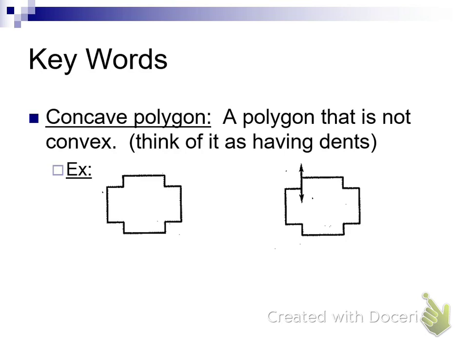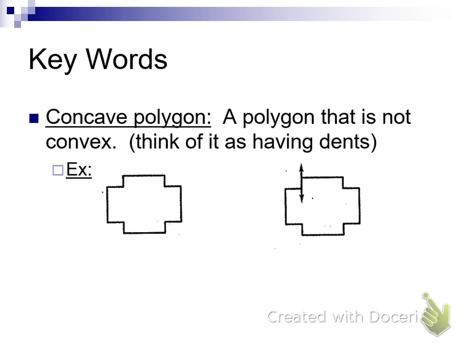You'll know for sure that you have a concave polygon if you go to extend one of the sides into a line, and that line goes into the middle of the polygon. It only has to happen one time, and that automatically makes it concave.